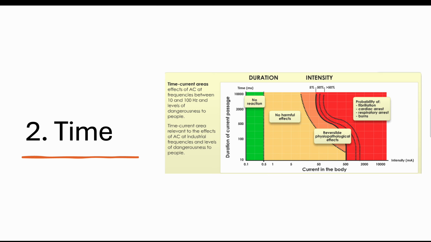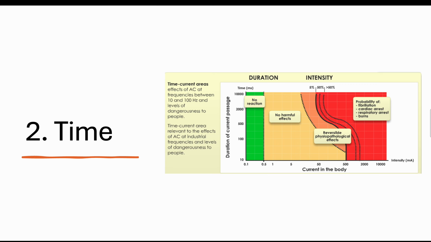The next we'll talk about is time, and how time affects the electrical current in our body. So with time, in the initial moments of an electrical shock, the body may experience a sudden involuntary reaction.